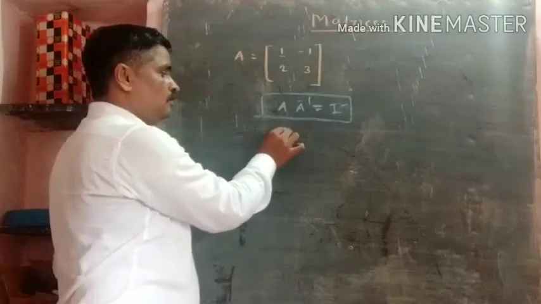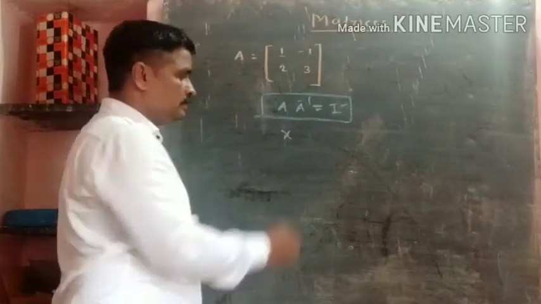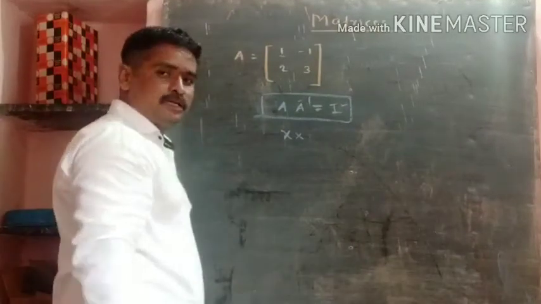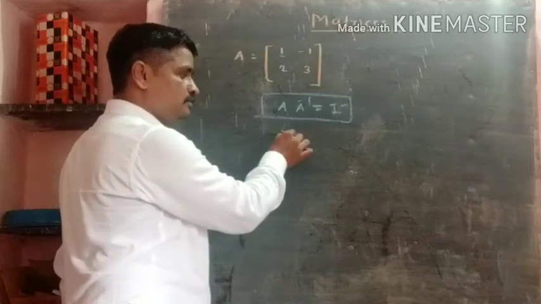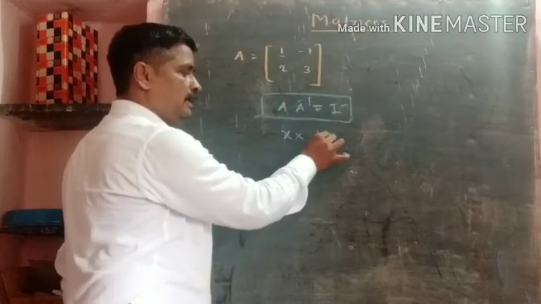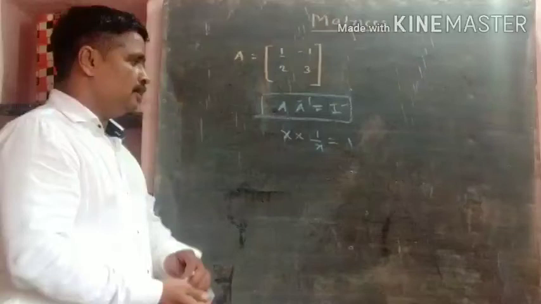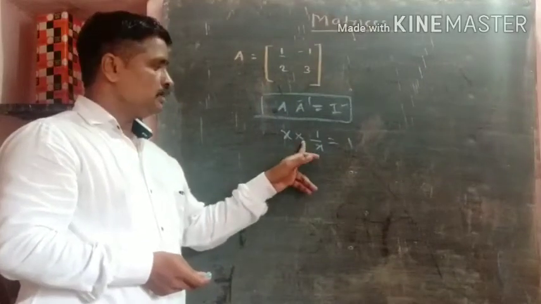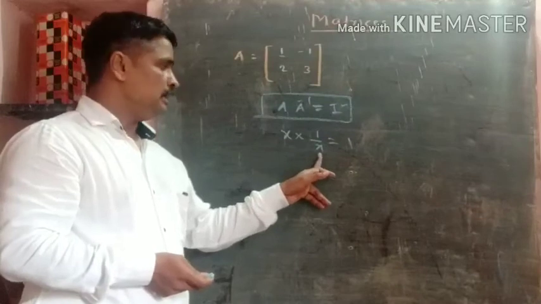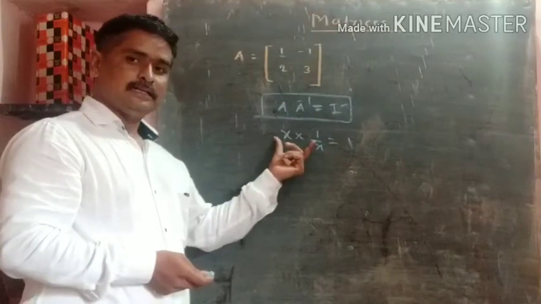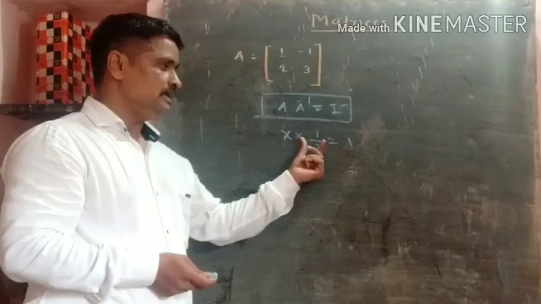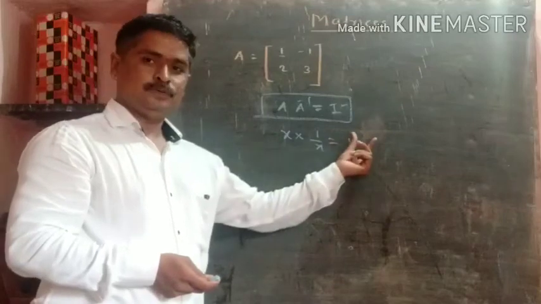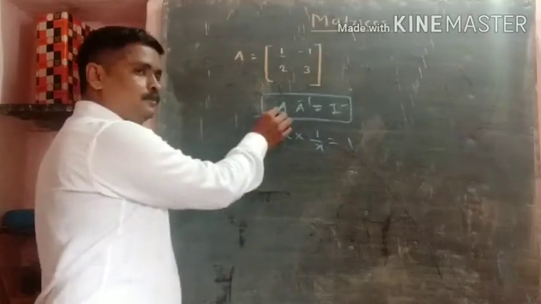We have one number x, and the reciprocal of that number, that means the inverse of this number, is 1 by x. If we multiply the number and the inverse of that number, it equals 1.